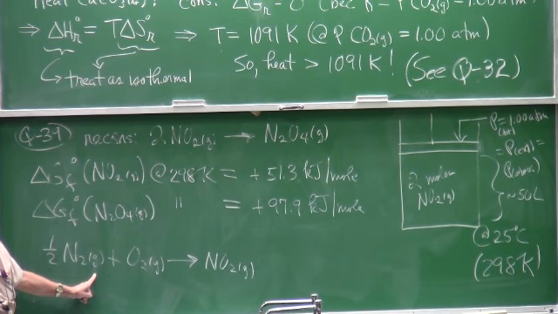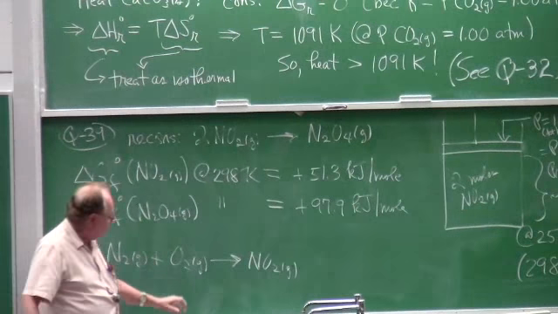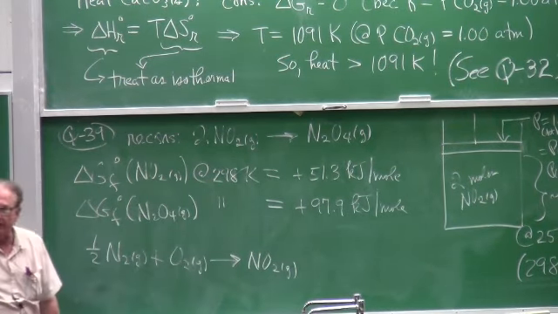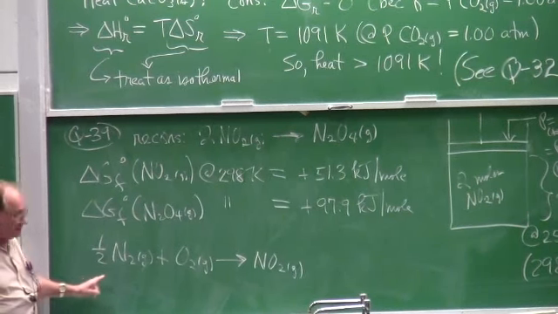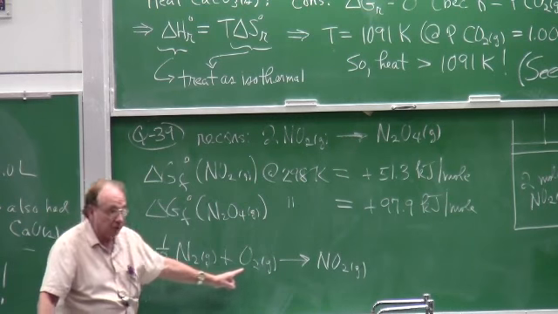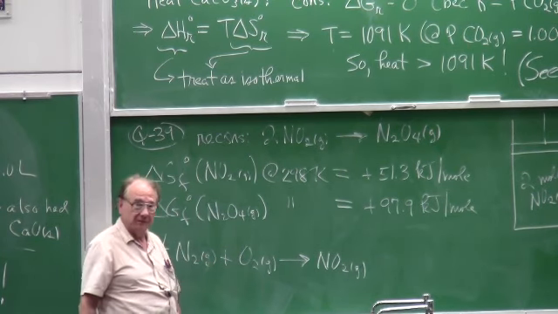Notice also that this reaction has got 1.5 moles of vapor becoming 1 mole of vapor. That tends to suggest that this is a bond improvement process, because you're going from more moles to fewer moles, right? 1.5 moles becoming 1 mole.